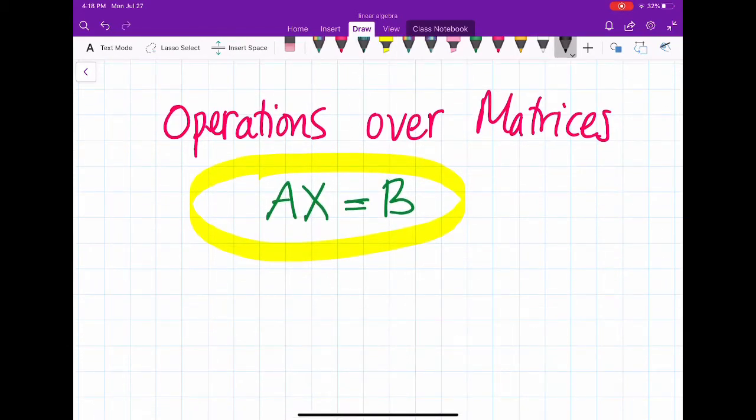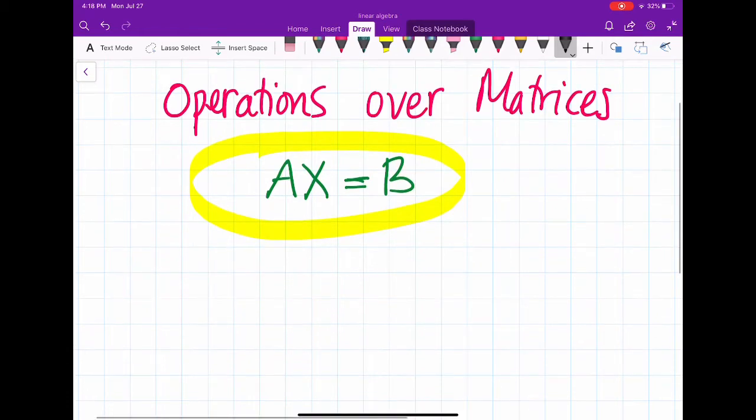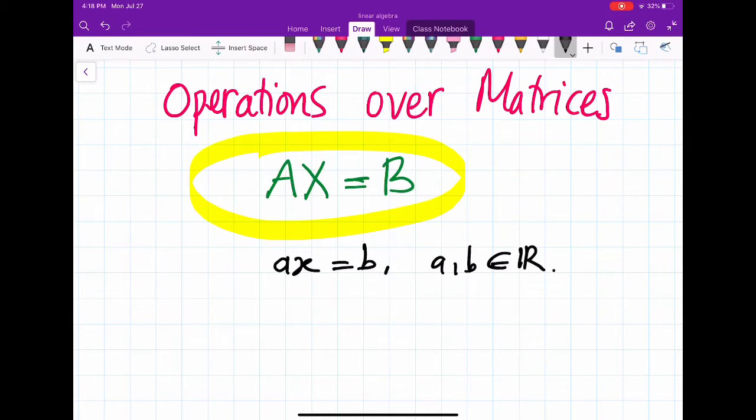And even in the very first lecture, we were talking about the equation AX equal to B, where A and B are numbers. So we have three cases, right? Like when A is 0, B is 0, when A is 0 but B is not 0, when A is not 0.